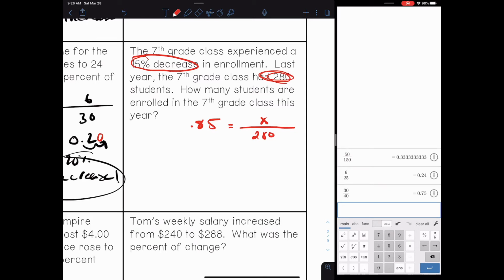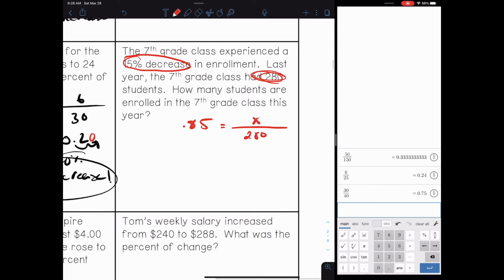How do I get x by itself from here? Well, it looks like I'm going to have to multiply both sides by 280 to get that 280 out of the bottom. So 280 on top, 280 on bottom. X divided by 1 times 1, that's just x. On the left side, 280 times 0.85, we get 238 students.